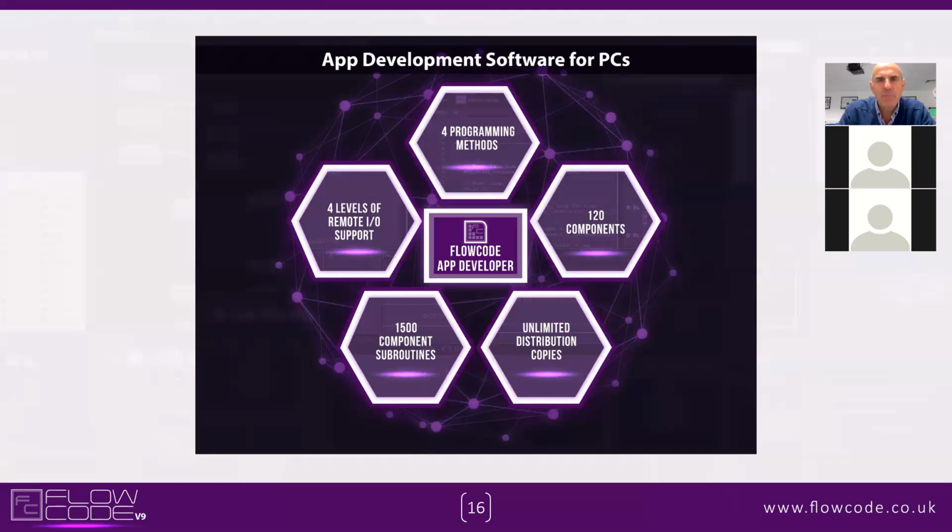App Developer always runs on a PC. It doesn't compile, it always runs on a PC. It has lots of common software with Flowcode, but its biggest use is in allowing you to control systems and monitor systems from a PC.